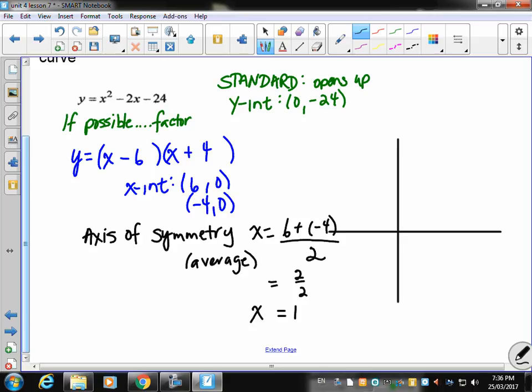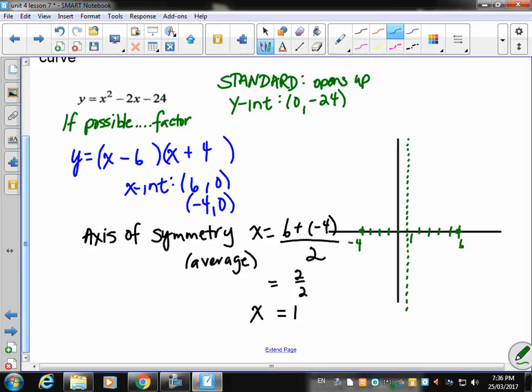So let's quickly put on our graph what it is that we know. I know I have an axis of symmetry, or a fold line. The middle of my parabola is x equals 1. I have 2 x-intercepts, an x-intercept at 6, and an x-intercept at -4. 1, 2, 3, 4. 1 there.